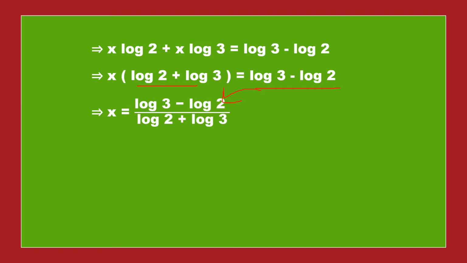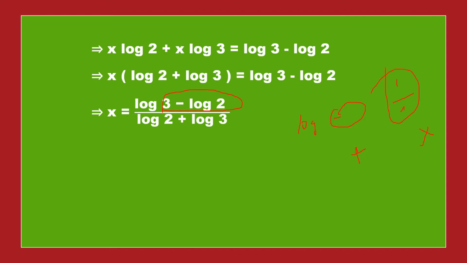Now if you observe carefully, here we have a minus symbol. When logs have a minus between them, it is division. Plus between logs is multiplication. Please follow the properties. Here the minus symbol is there, so it is division.